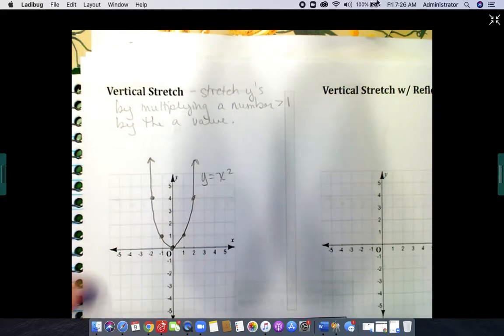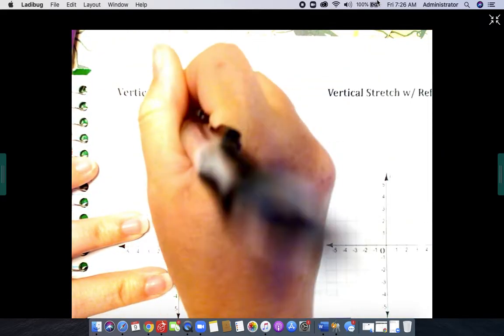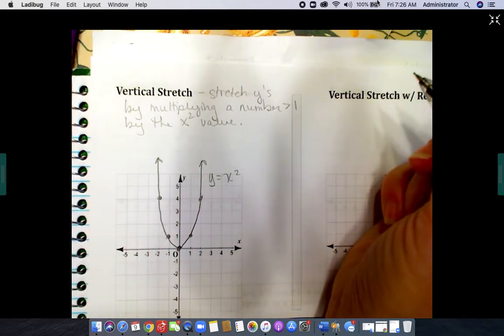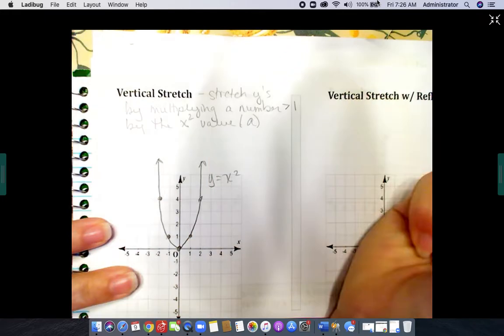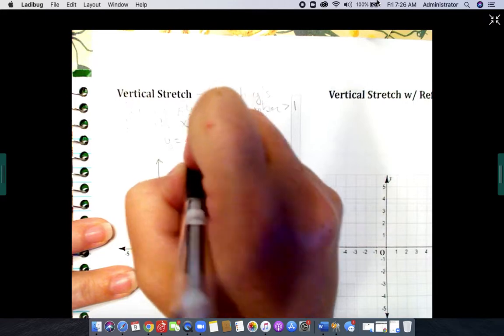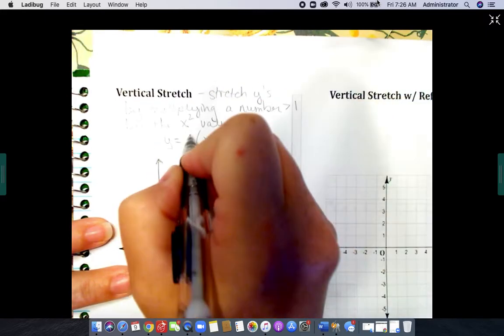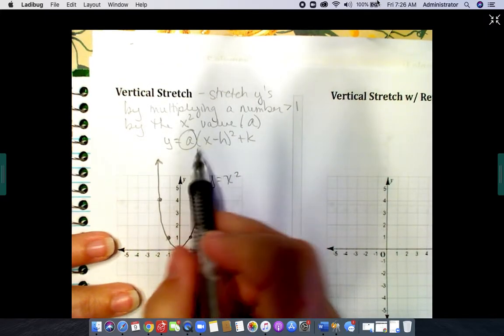But you stretch y by multiplying, I'm sorry, not the a value, but the x squared value. That's why I needed a pencil. So that number that we use to multiply is going to be the a value. So think about what we already know about y equals a times the quantity x minus h squared plus k. It means that you're going to have an a in front of the quantity x squared.